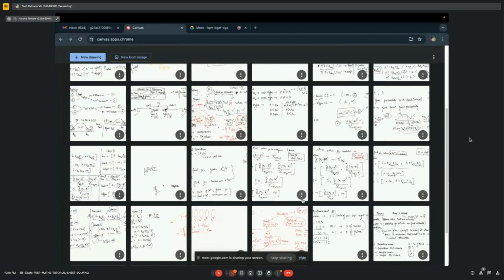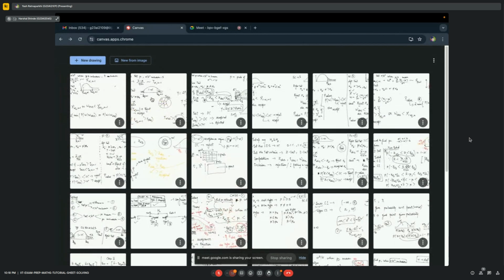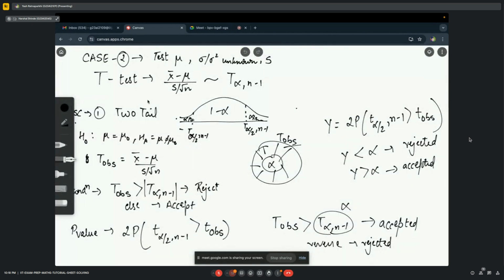Yes, I got it. So this is over here. I wrote alpha. It should be alpha by 2, because when we are dealing with two-tail, it is alpha by 2. I guess someone asked about this at the end, and I told you that I would reconfirm and let you know. So I've reconfirmed: it will be alpha by 2.